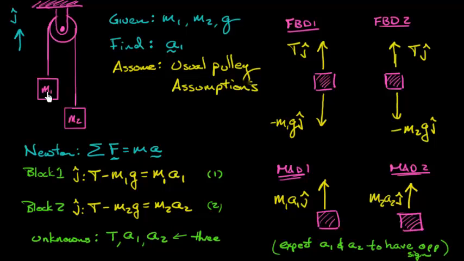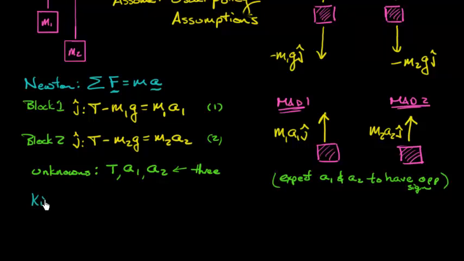If I've got 32 centimeters per second squared up, then I have 32 centimeters per second squared down for block number 2. So you see there's a one-to-one relationship between these motions. It comes from kinematics. So I'll just say kinematics tells us that a1 is equal to minus a2. Again, same magnitude, just opposite direction, hence the minus sign there.